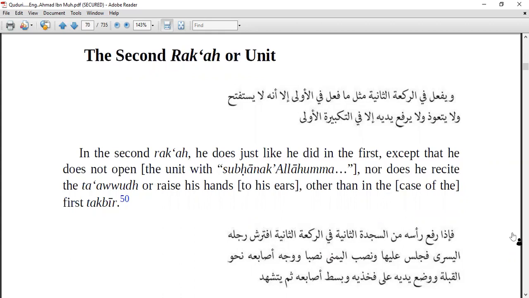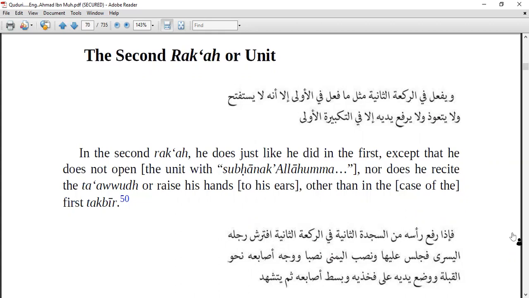That is, you are not going to say the thana, Subhanak Allahumma. You're not going to say A'udhu Billahi Minash Shaitanir Rajeem. And you're not going to raise your hands like you did in Takbiratul Ula when you said Allahu Akbar the first time. Except for these 3 things, your entire process of the second unit will be the same as that of the first unit.